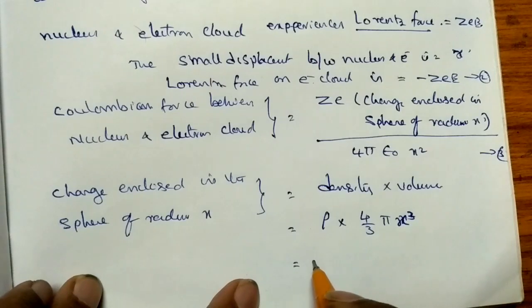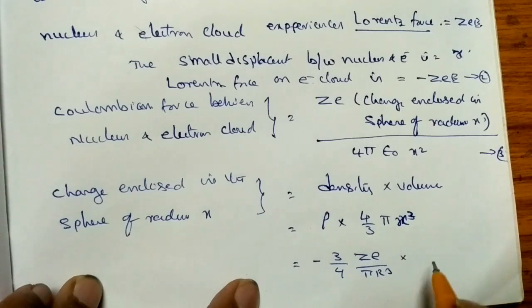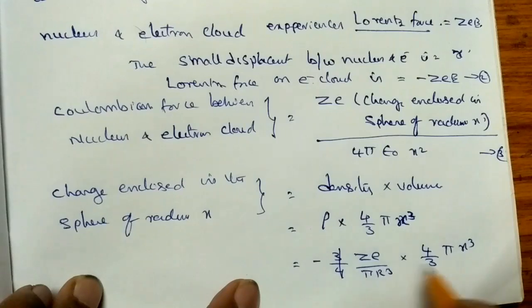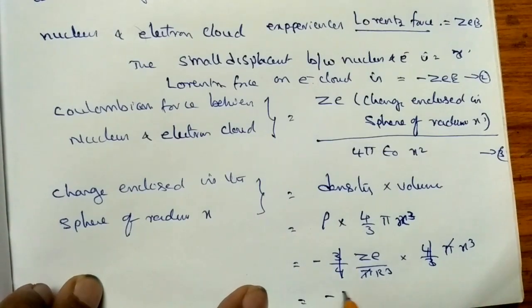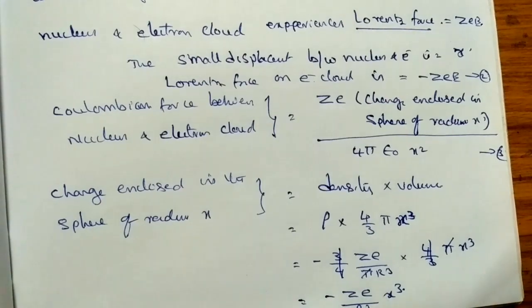Now rho is minus 3 by 4 Ze by pi R cube, into 4 by 3 pi x cube. 3 by 4, 4 by 3 and pi get cancelled. That is equal to minus Ze by R cube into x cube.